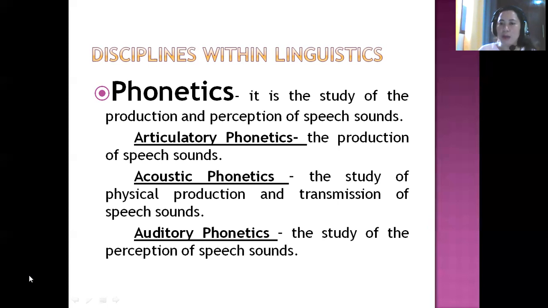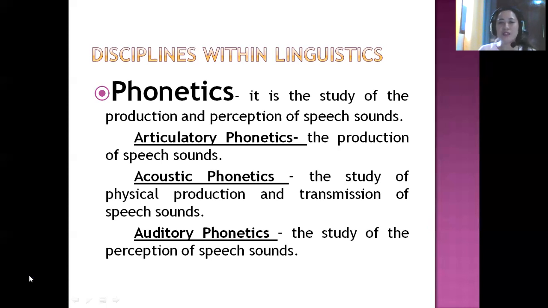We also have bilabial sounds like in mother, mommy, and alveolar sounds, t, d.